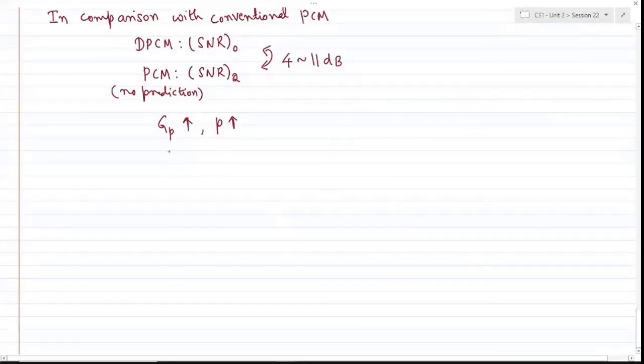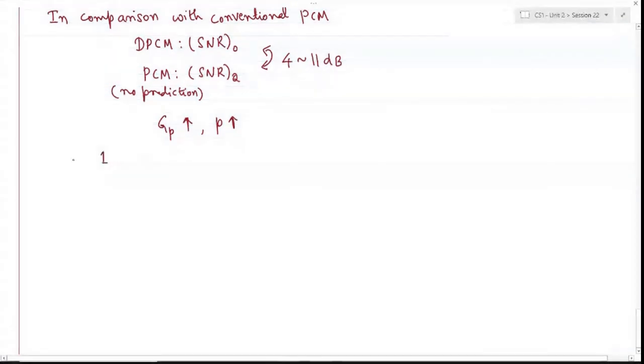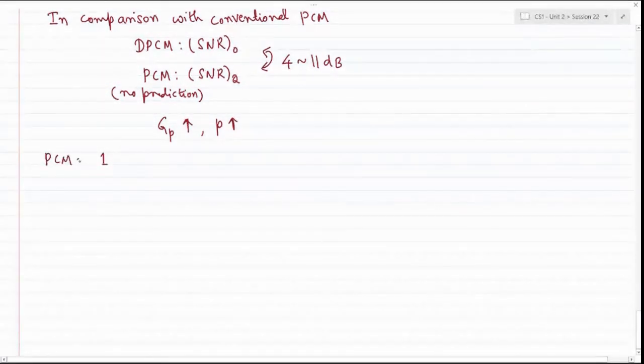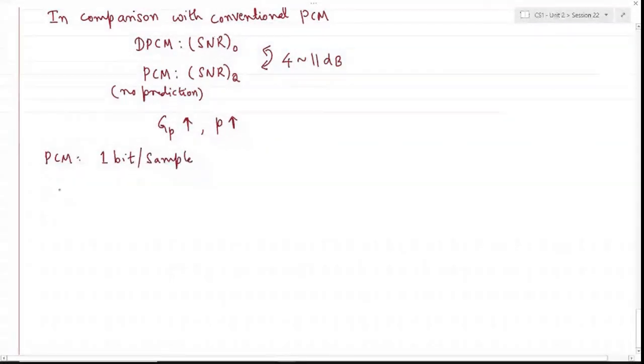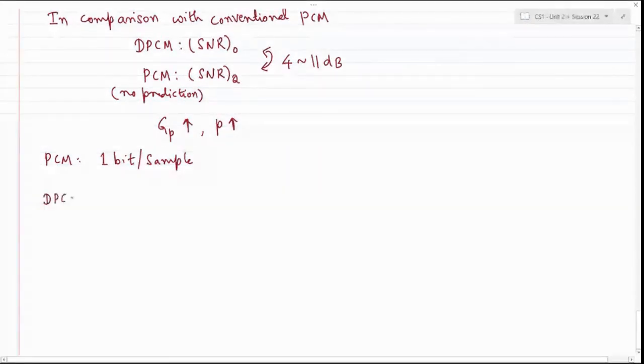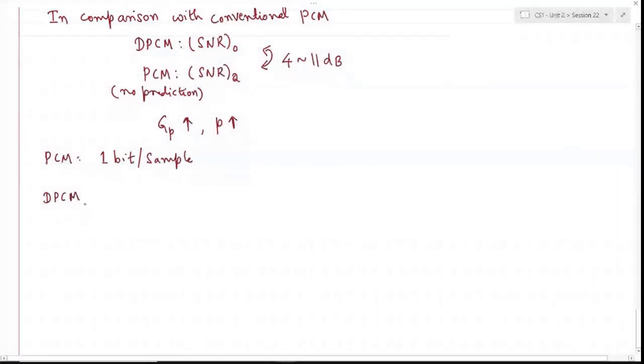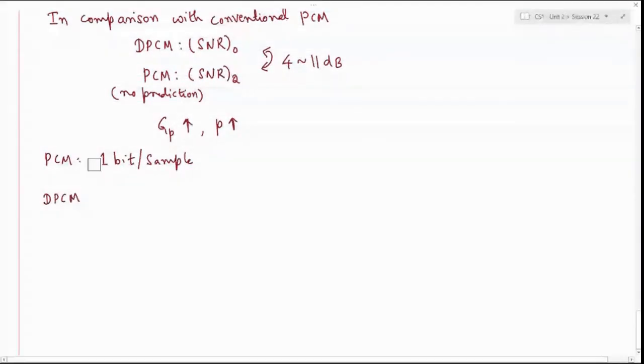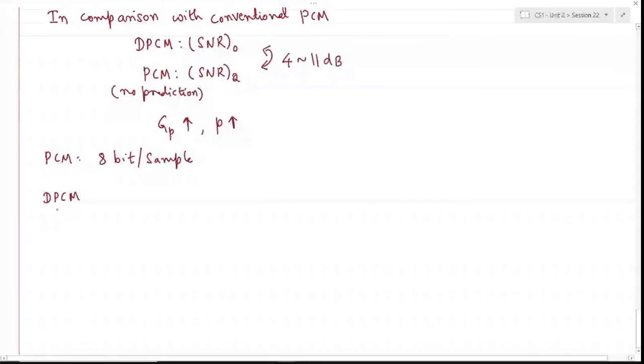In terms of the occupancy of the bandwidth, if a regular PCM system takes, say, around 8 bits per sample to represent, since there will be many samples to represent, your DPCM may take just half of it.